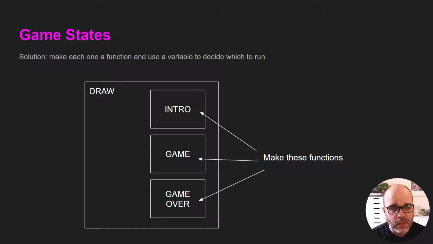Yes, we can make reusable bundles of code, but we can also just use them to create labeled sections of our program that we can simply call upon. So imagine we create an intro function, a game function, and a game over function. And then we have some kind of switching mechanism inside draw that allows us to go into one of these at any given time, only one. And that would basically solve our problem.